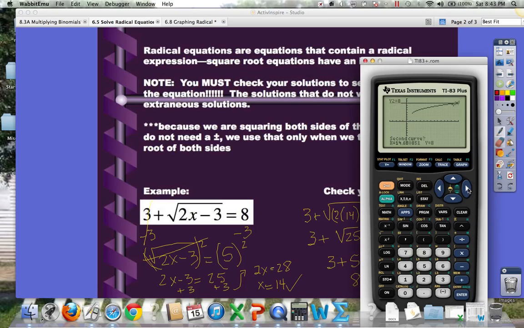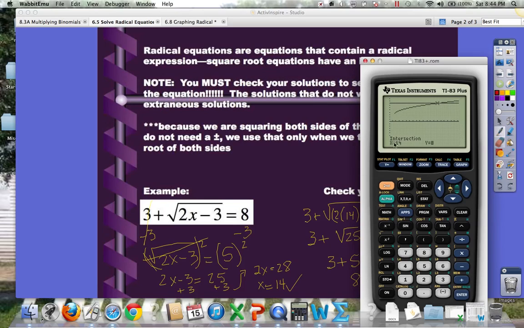Now, since we've already done this problem, we know about where it needs to be. And I'm going to hit enter and enter again. And again, it says x is 14, which is what we got right here. And you can see it only intersects in one place, so there's only one solution. Okay, so x is 14 is correct.